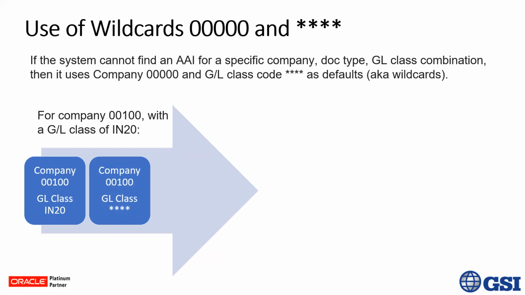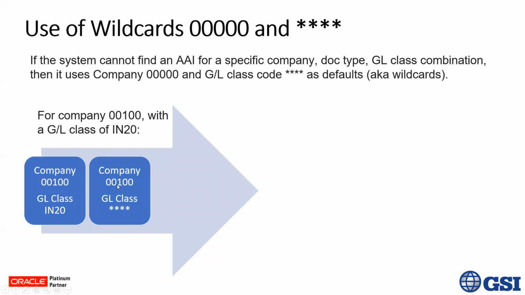And the second lookup says, now I'm going to try to find a match on the exact company number, but the geo class has a wildcard. So that means that if I don't specify the IN20, then I don't really care what the geo class is. If it's a company 100 IA, I'm going to use the account associated with this setup. Okay.